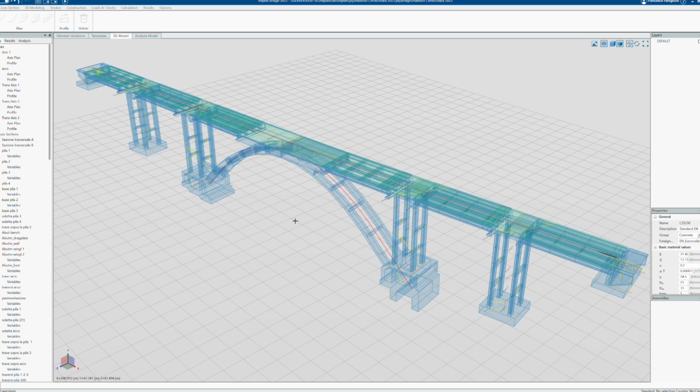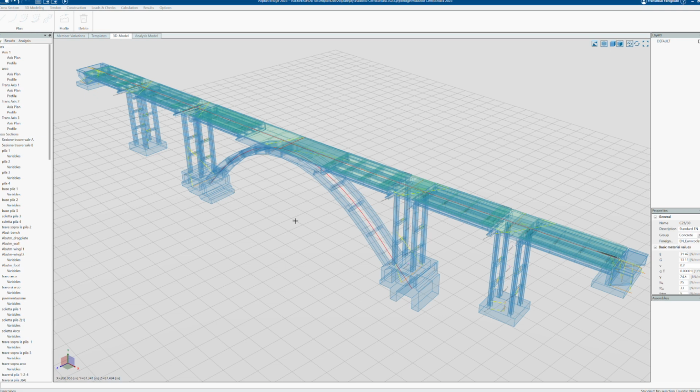On the left, instead, there's the data management structure and menu in Allplan Bridge.